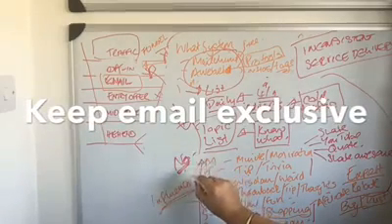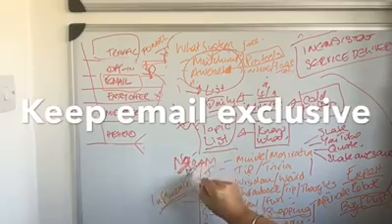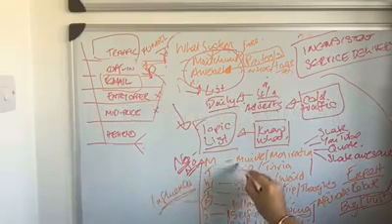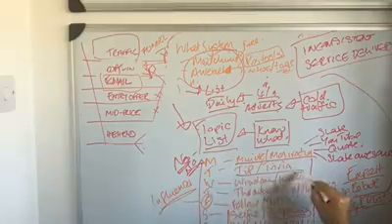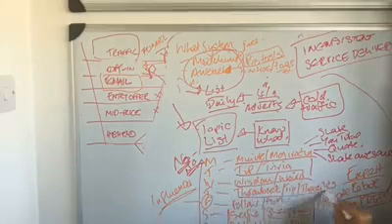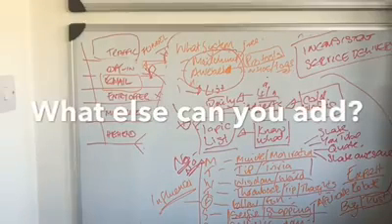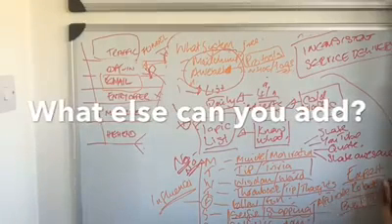So you want to keep that when they go on your list, they're getting exclusive information, but you can still have these kinds of titles going across your social media, whether that's Instagram, Facebook, whatever it might be that you're using. What else can you add into your emails?